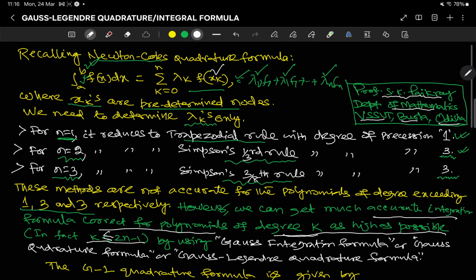In the previous case, here xk, x0, x1, x2 and so on, these are all predetermined nodes and equispaced nodes which are known, and we only obtain lambda k.